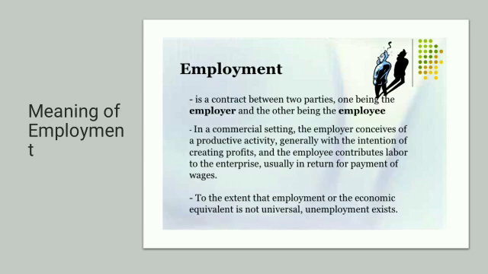The employer is a person who offers the work to the other person. The one who gives the work is known as the employer, and the person who accepts the work is known as employee. So here one relationship is developed between the employer and the employee.